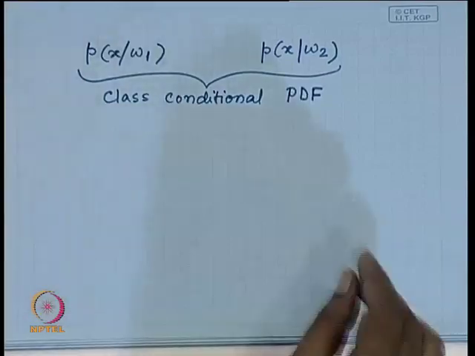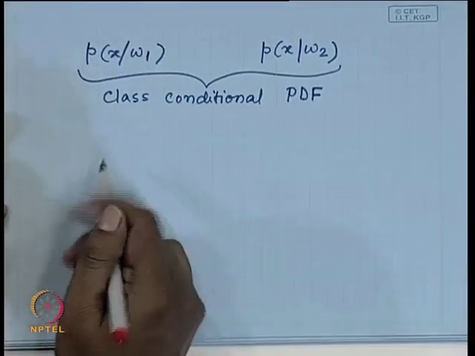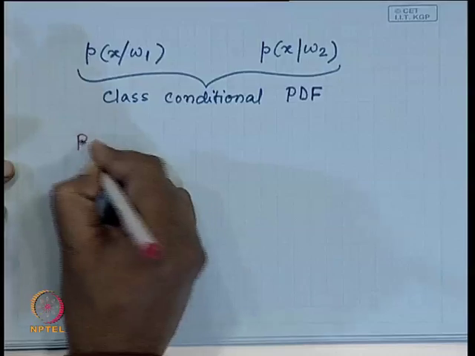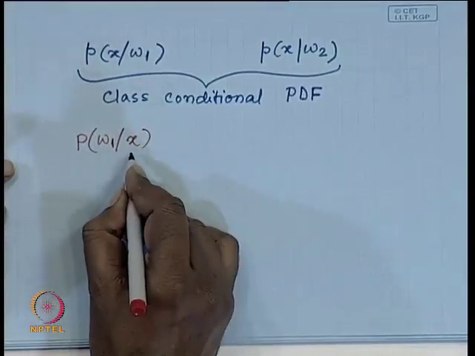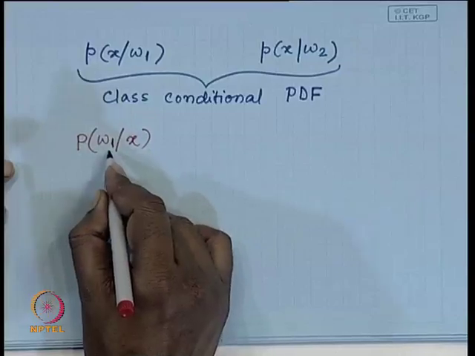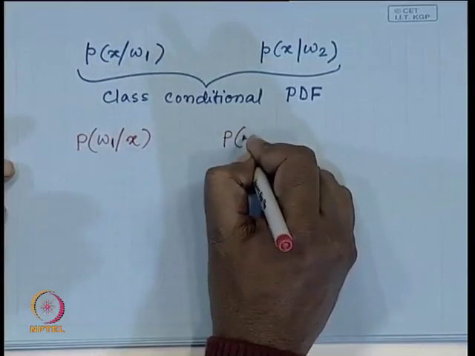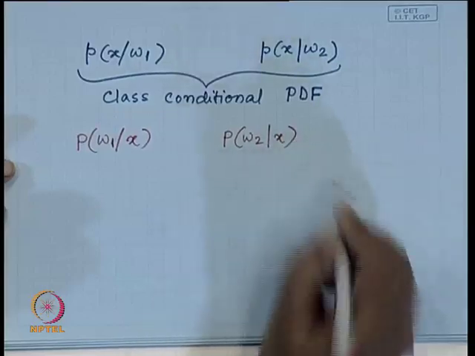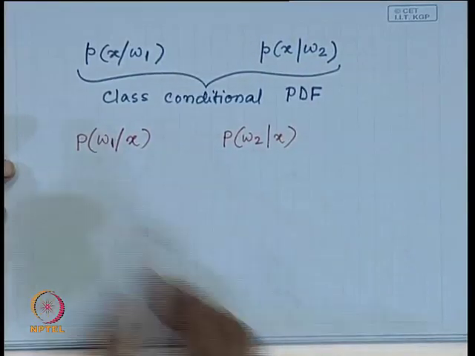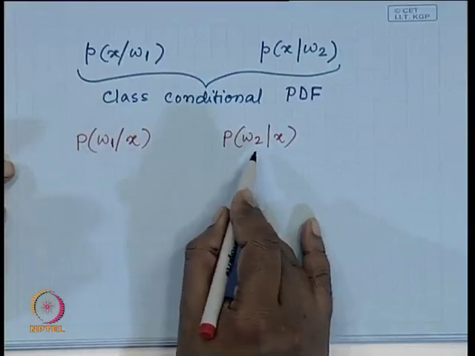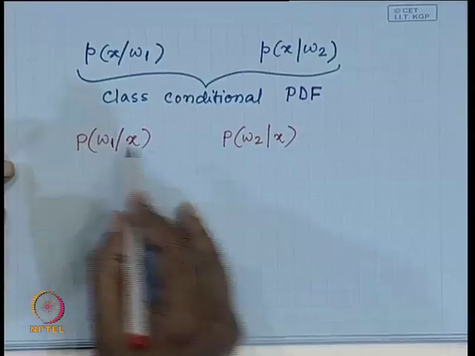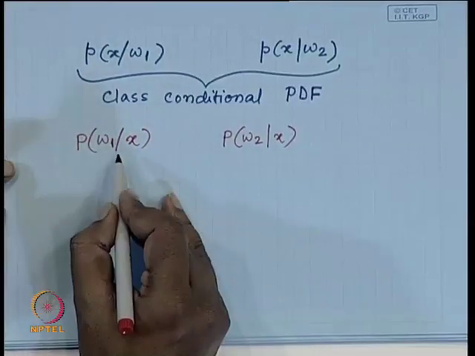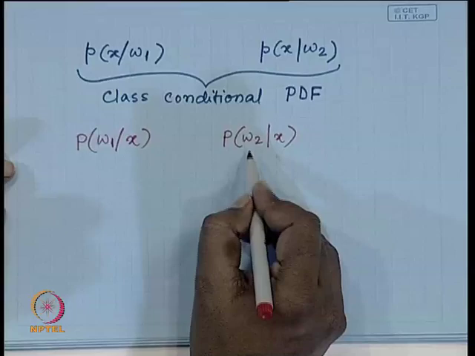That means my decision should be based on p of omega 1 given x, because I have this observation x, or p of omega 2 given x. So, if I find that p of omega 1 given x is greater than p of omega 2 given x, then I will decide in favor of class omega 1. If p of omega 2 given x is greater than p of omega 1 given x, then I have to decide in favor of omega 2.